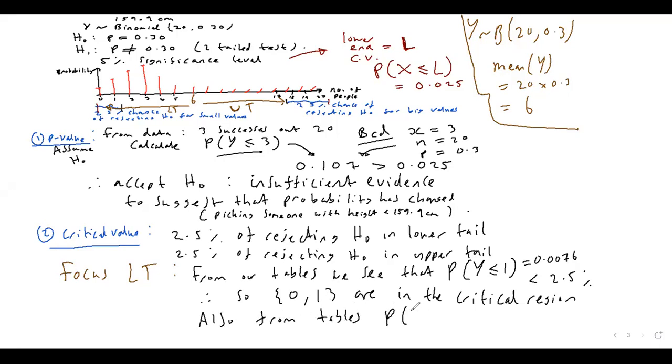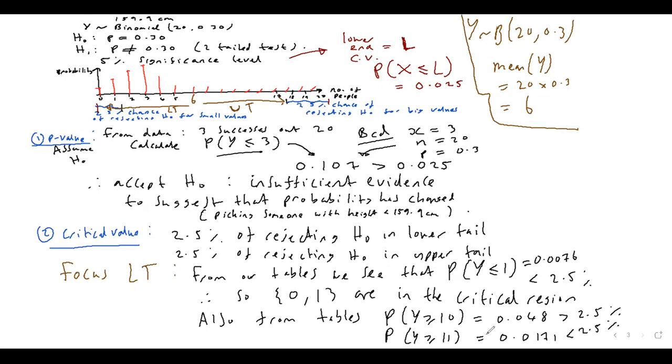We also know that the probability that Y is bigger than or equal to 10 was 0.048, which again is bigger than 2.5%. So 10 is not in our critical region, but we also found out that 11 was, because the chance we got 11 or more successes was 0.0171, which is now less than our significance level in the lower tail.